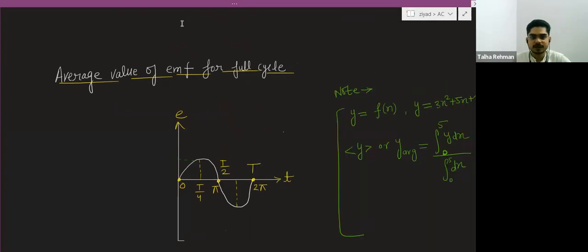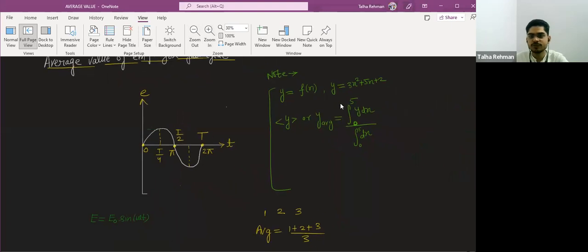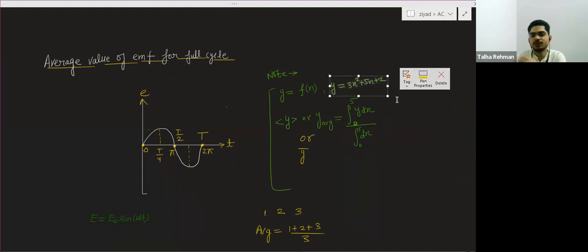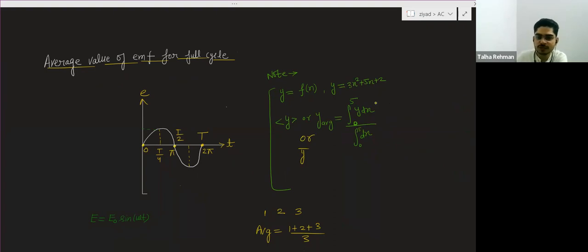Suppose you have a function y is equal to f(x), and you want to calculate the average value. Average value is represented like this, or like this, or like this also, y with a bar. Suppose you want the average value of this function for x from 0 to 5.